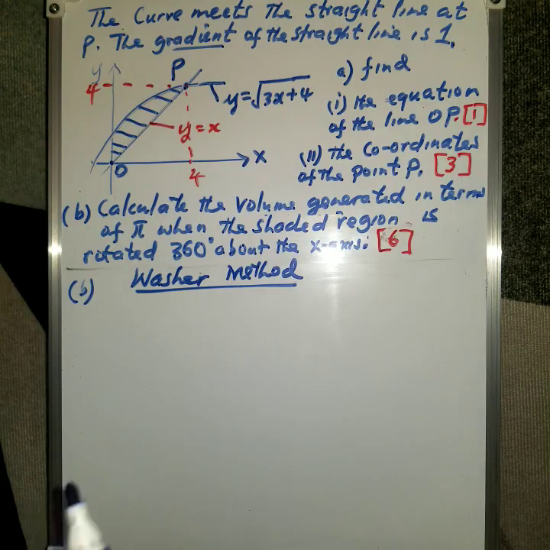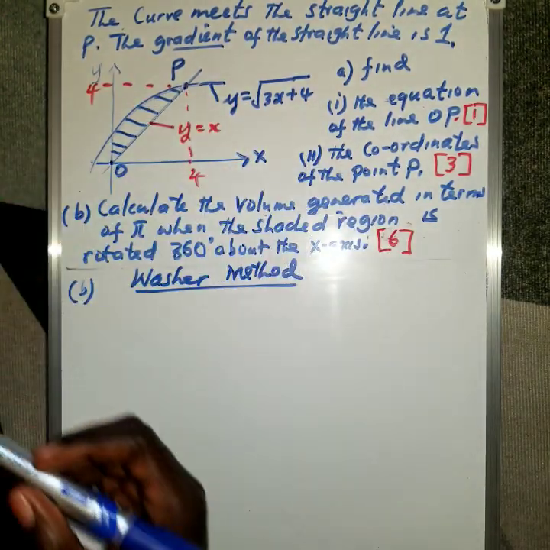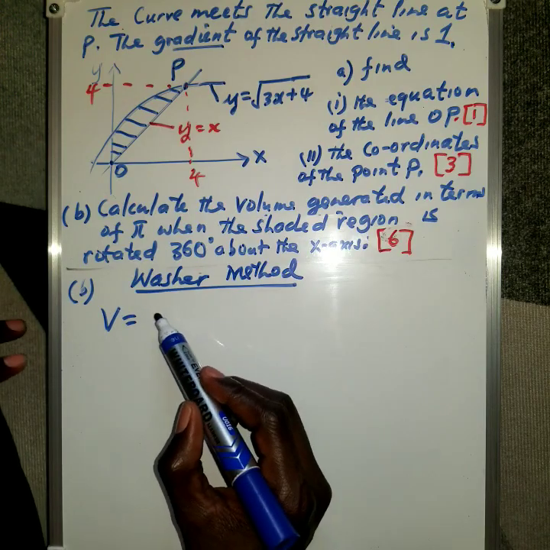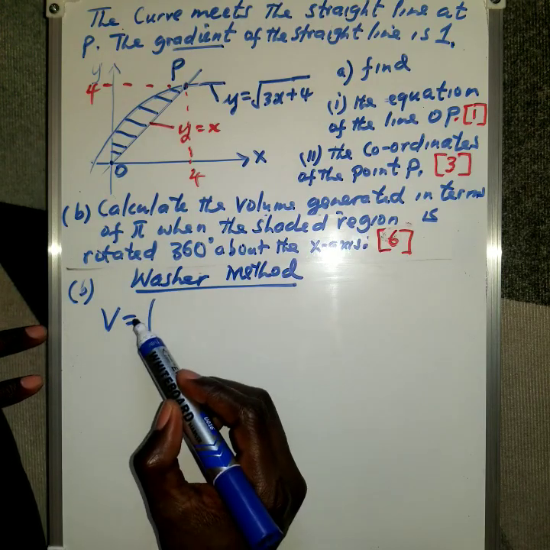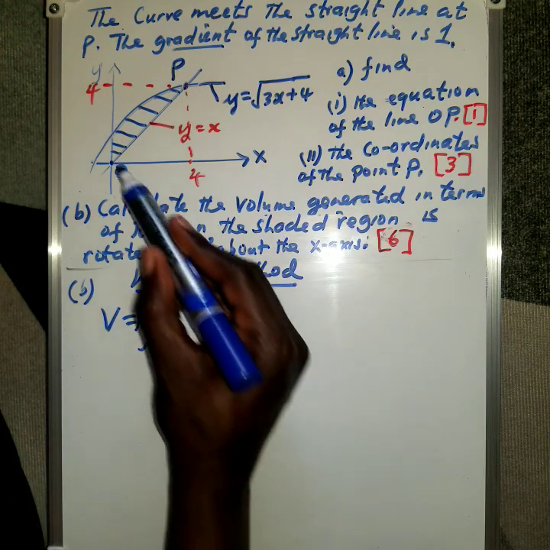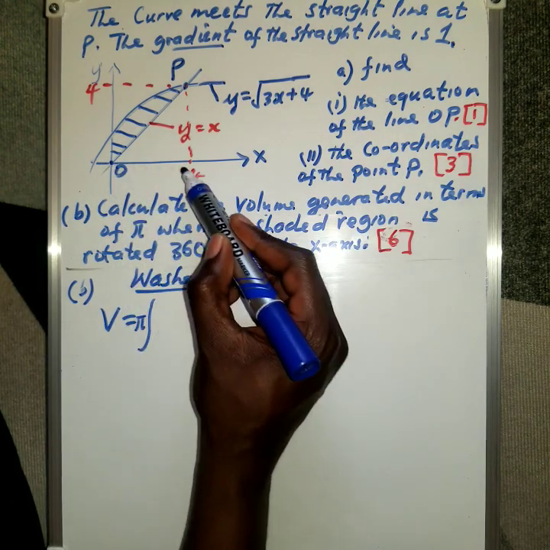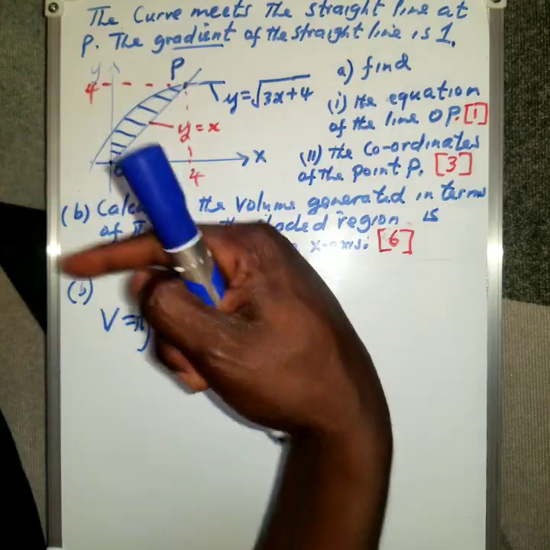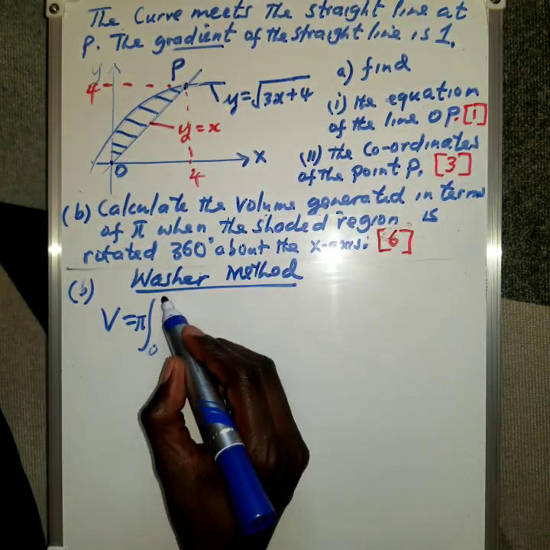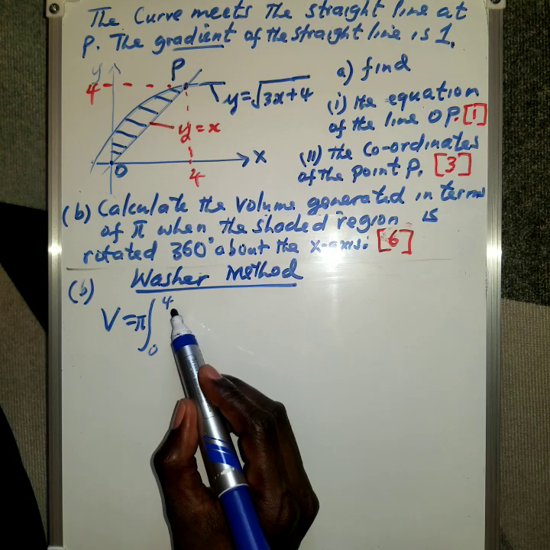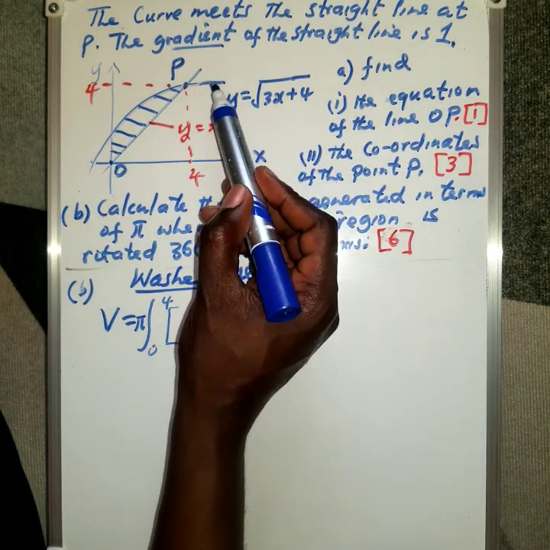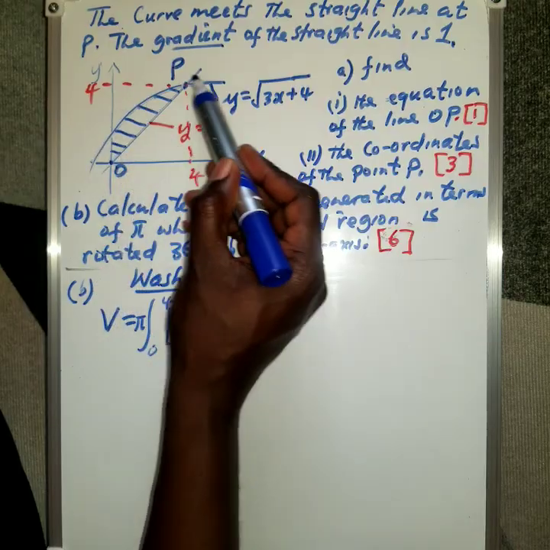Now, how do we solve the volume when you have got two? The whole idea is that the volume is going to be given by, in this case, if you want, we can remove out our pi because it's a constant. You look at your lower limit to be 0 and the upper limit to be 4 because it is rotated along the x-axis, so it will be 0 to 4. Now what you're going to do is very simple. You can get the upper function.